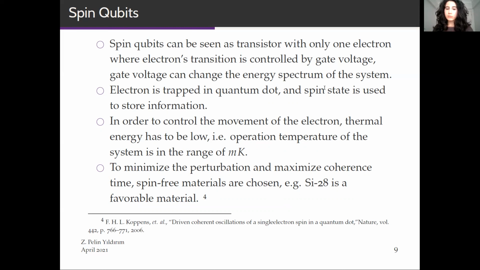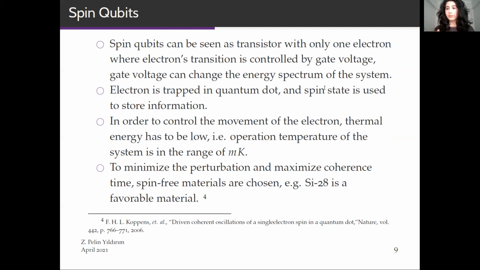Therefore, it's not possible to talk about a continuous current flow as in the transistors today. The electron is trapped in the quantum dot. In order to minimize the fluctuations to be able to control the electron, the thermal energy must be neglected. Therefore, operation has to be done at low temperatures, only about a few millikelvins.